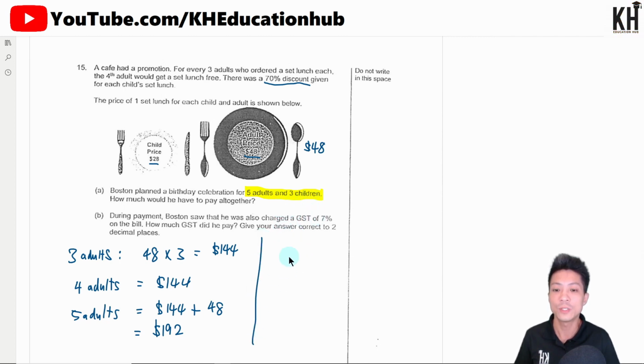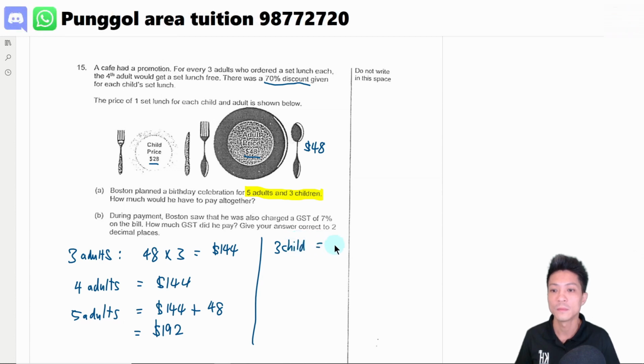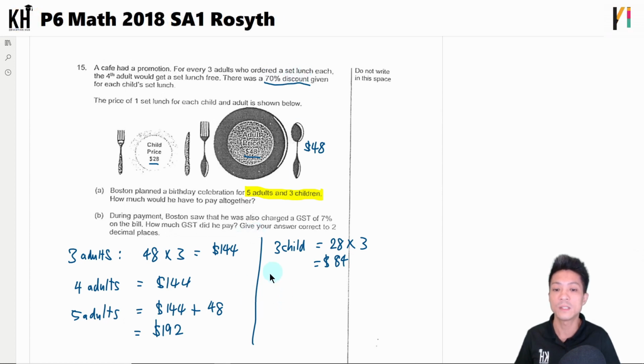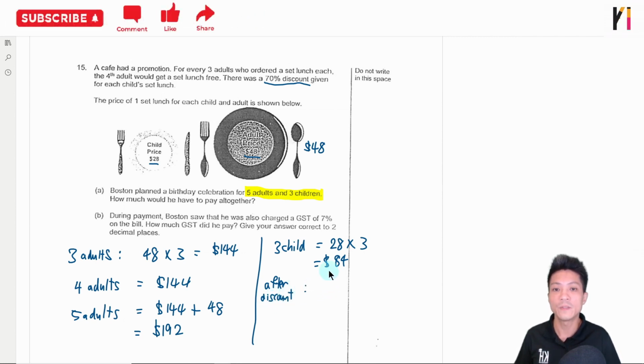We need to calculate the 3 children also. Okay, so the 3 children is 28 times 3, right? Which is equal to $84. So remember there is a 70% discount, right? So after the 70% discount, you'll be left with 30%.